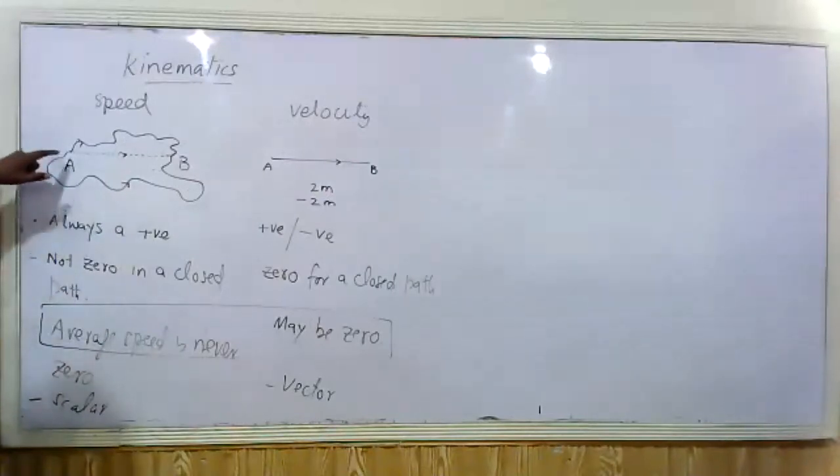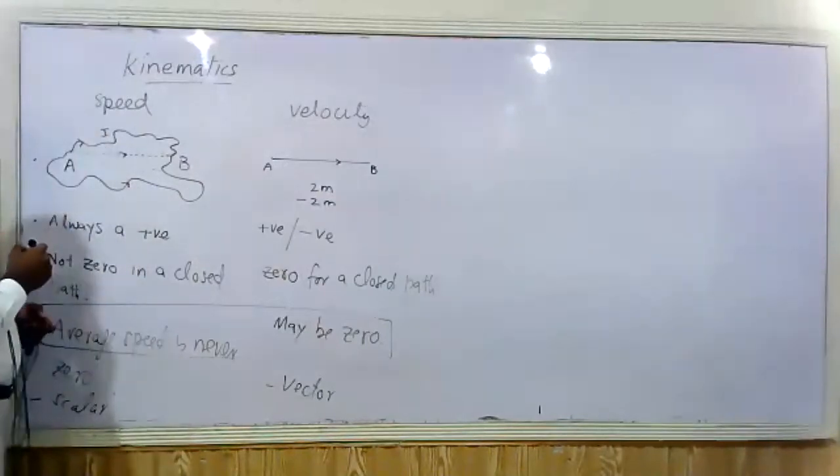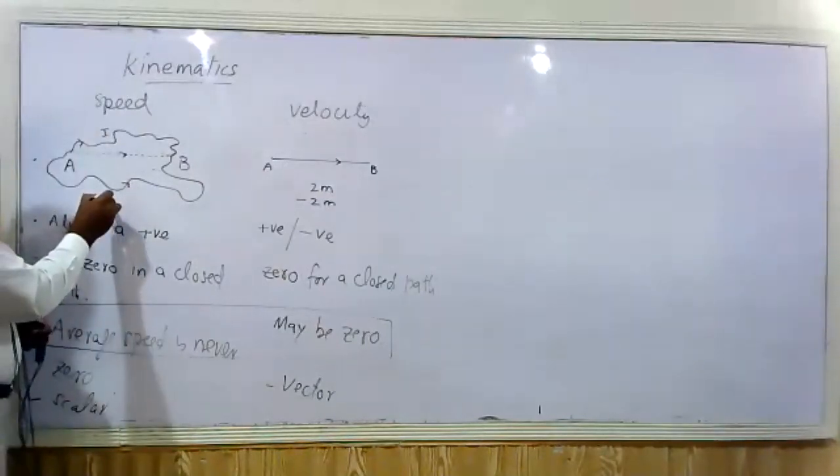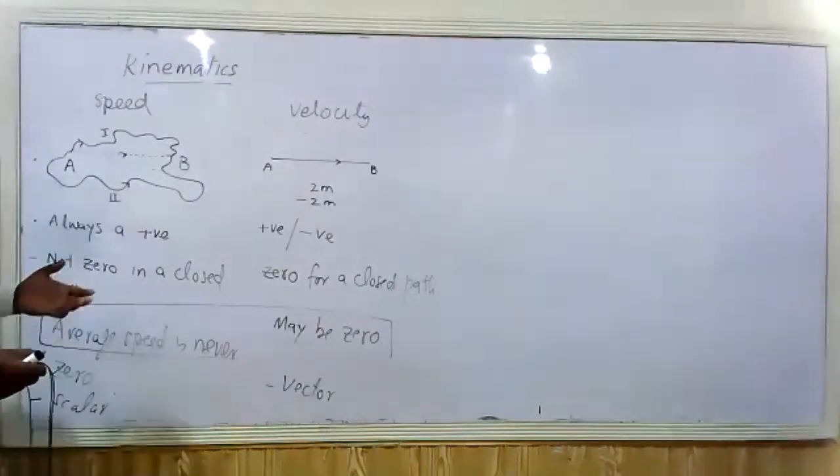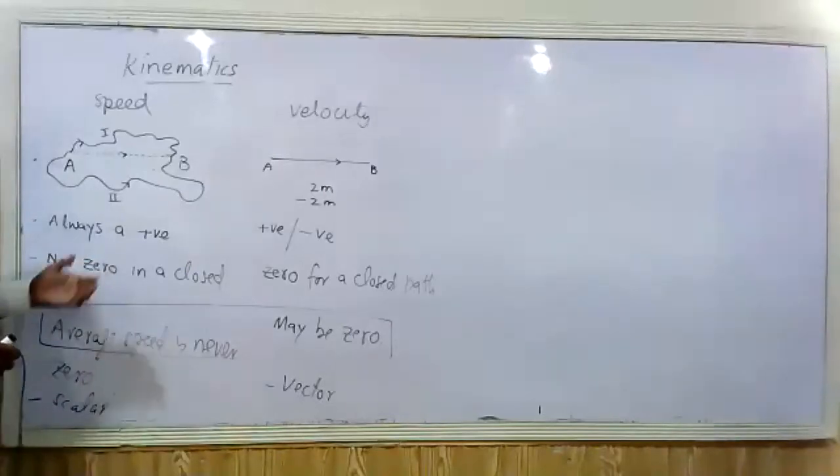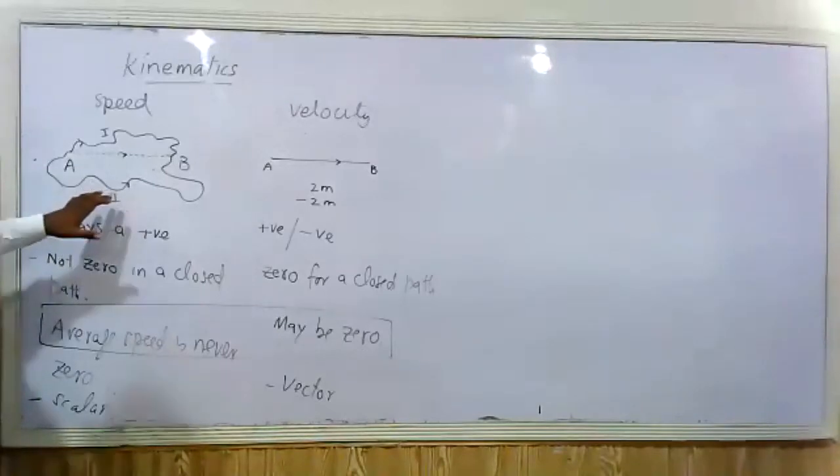If you have taken path 1, your average speed will come out higher. But if you have taken path 2, you have traveled a slightly longer distance and taken longer time, so you have moved slower.